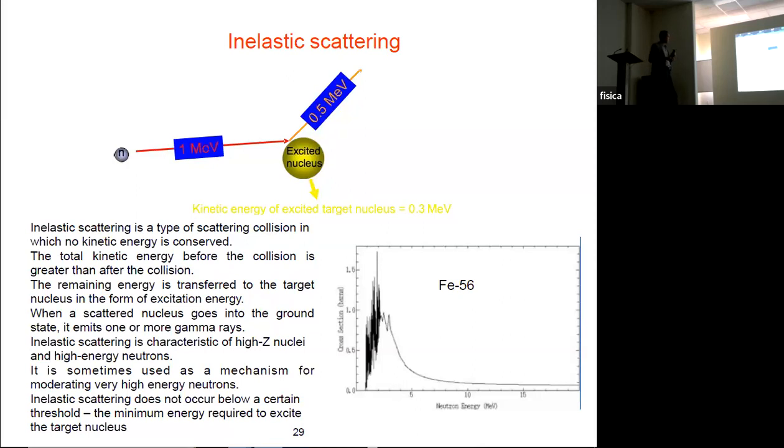For example, for iron-56, we have this area, this cross section, in inelastic scattering. This process is a threshold process because we have a minimum amount of energy which is required to excite the target nucleus.